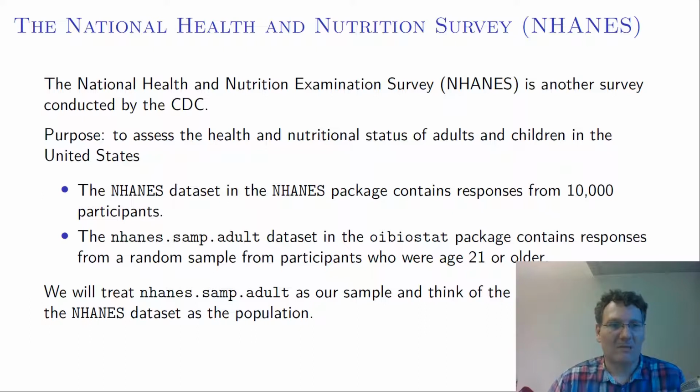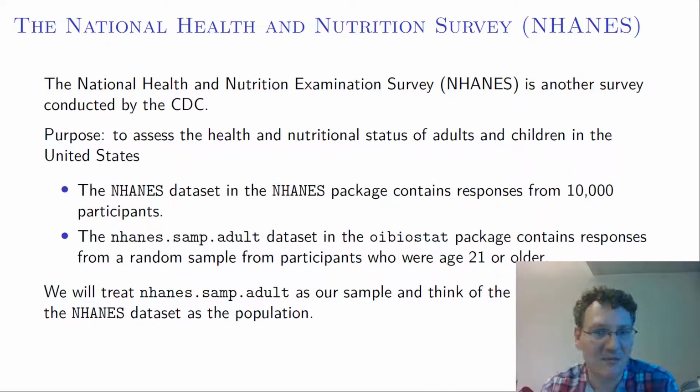Okay. So we're going to use some different survey data: the National Health and Nutrition Examination Survey, NHANES. We have data from 10,000 participants in this data package we'll be using, a random sample of individuals 21 and older.